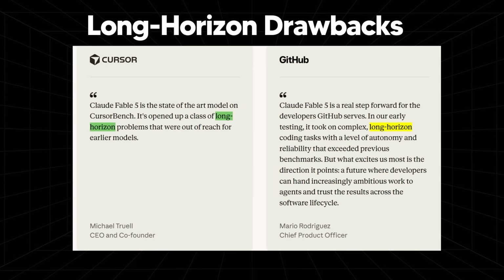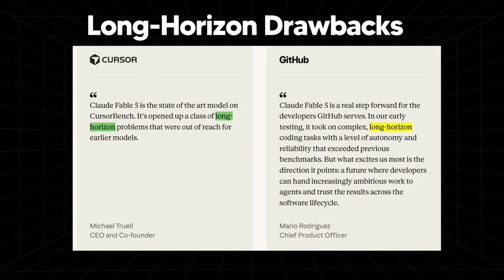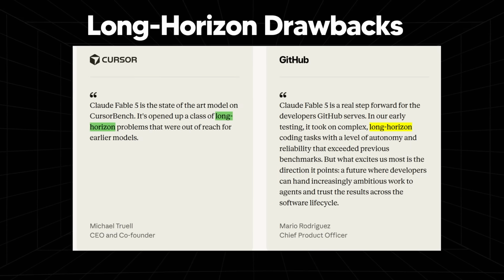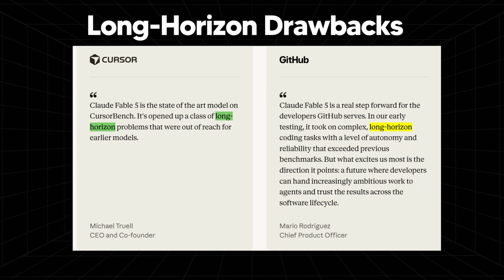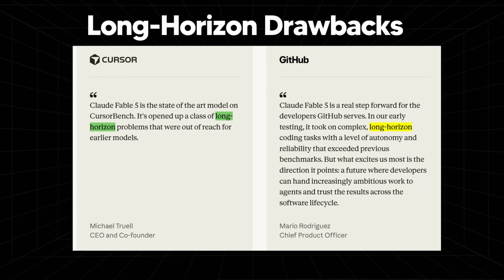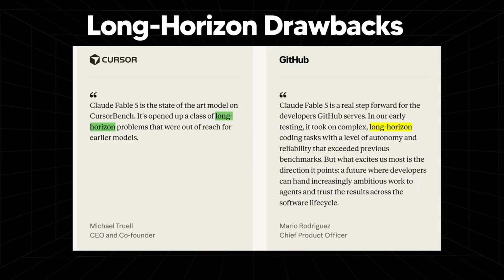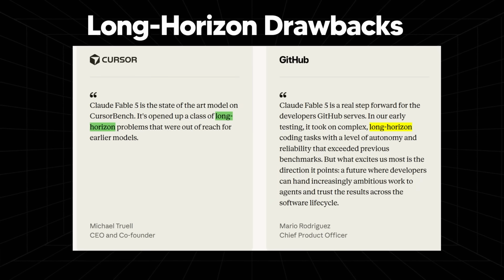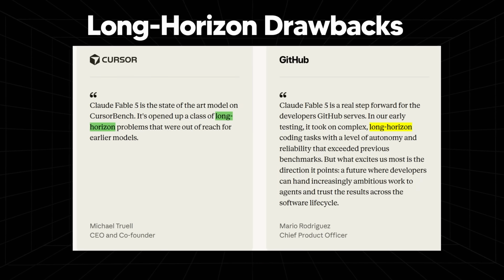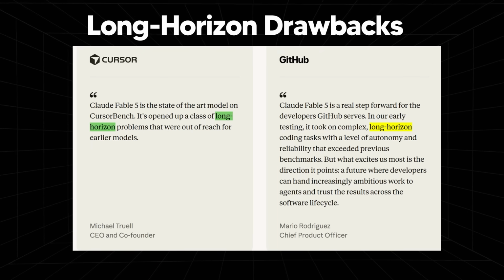Now, one of the things I need to talk about is the long horizon drawbacks. One of the key standouts from Fable 5 was the fact that it was so good at doing long horizon tasks. As you can see right here, many of the companies were essentially glad that it could do those long horizon tasks, such as coding and browsing and agentic work. The problem is that the Model Fusion doesn't actually live up to the hype in terms of those long horizon problems.